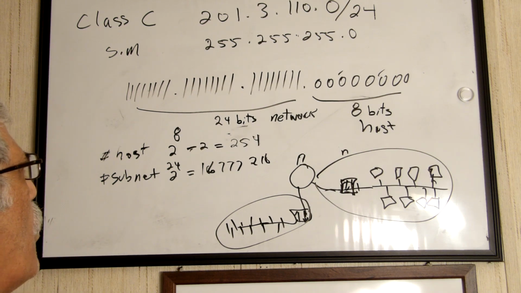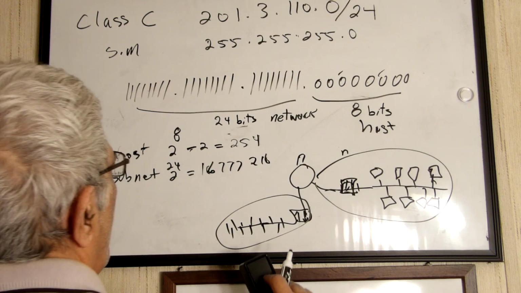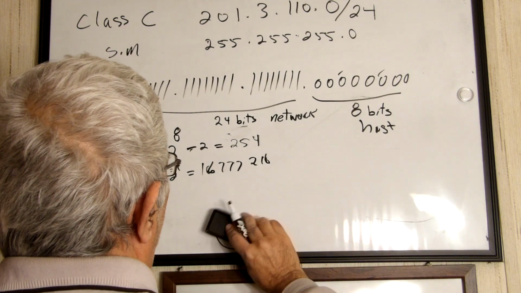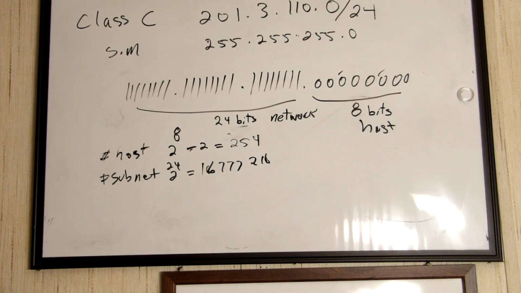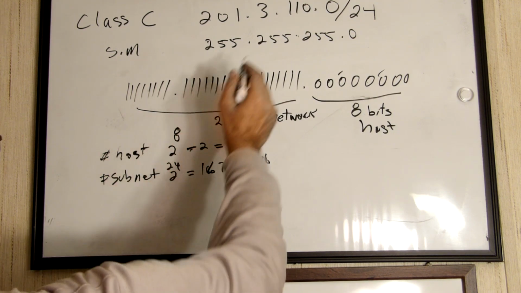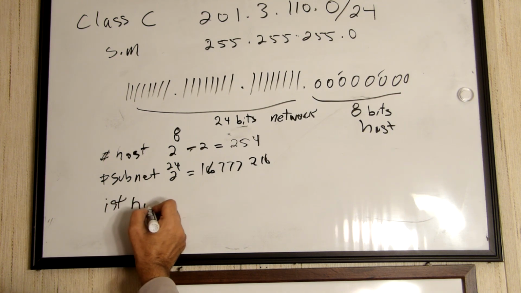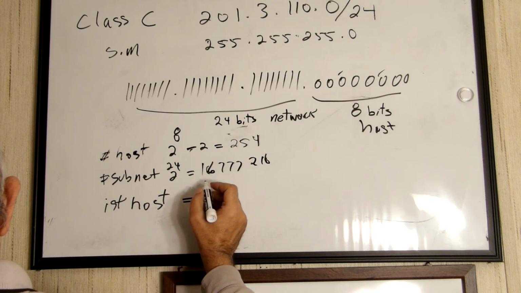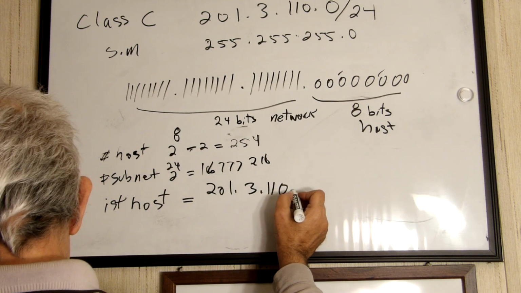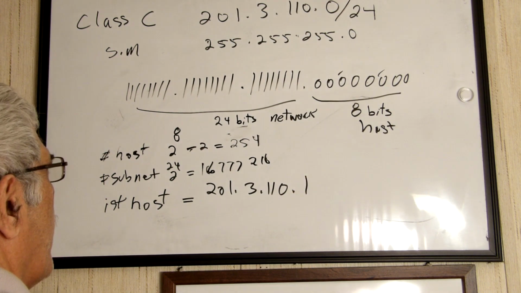Usually you need more hosts than networks. In some places maybe it's the opposite. So say the number of hosts is 24 bits. The first host is going to be 201.3.110.1.